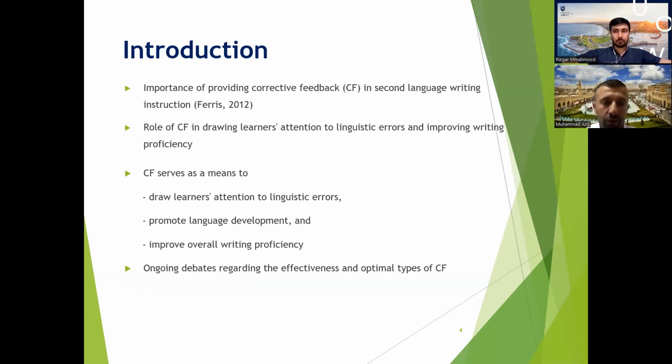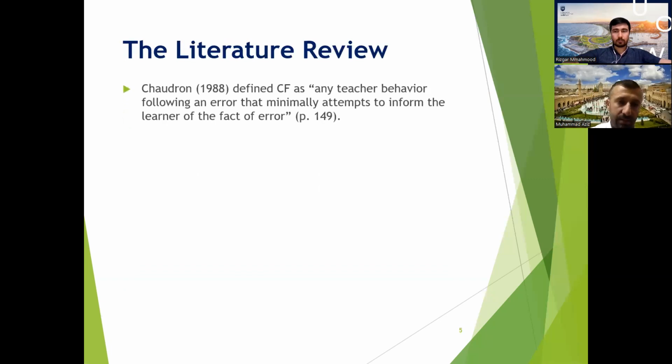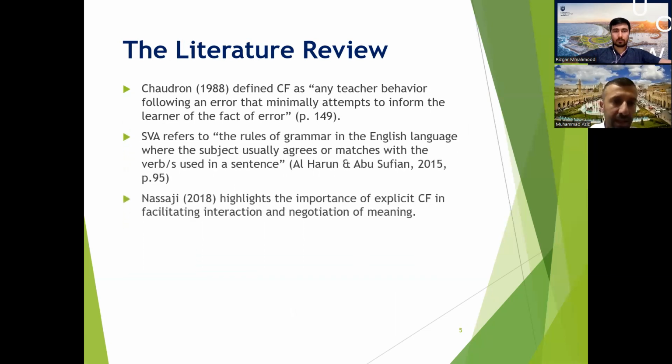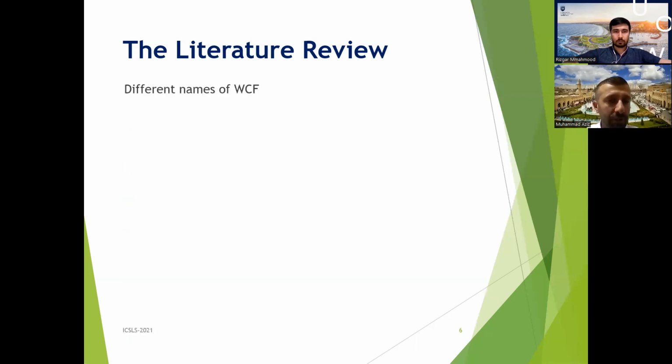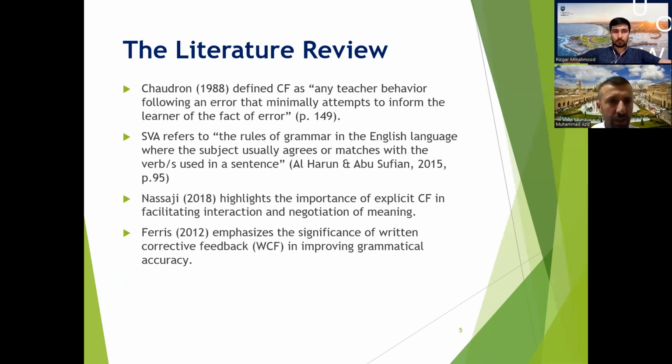Actually, there is an ongoing debate regarding the effectiveness and optimal types of CF. There are two types of corrective feedback as discussed in the literature, which are direct and indirect, or we can say explicit and implicit. Well, which one to give to the students is the focus of much debate in the literature.